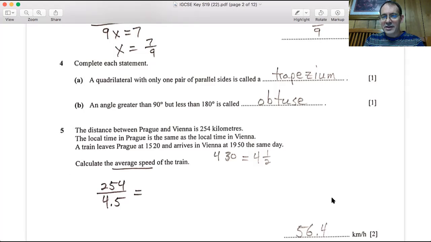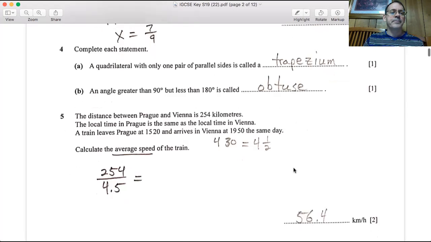So a trapezium and a trapezoid in British English and American English are actually flip-flopped. So this is a trapezium in British English, but if you're used to American English, it would be a trapezoid. Letter B, an angle greater than 90 but less than 180 is called obtuse.